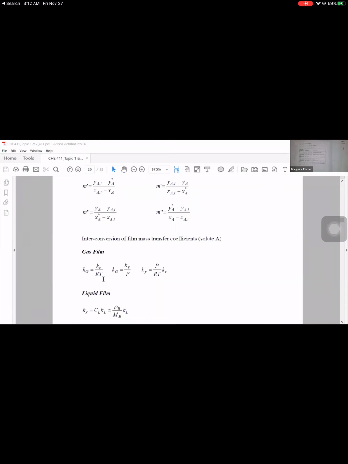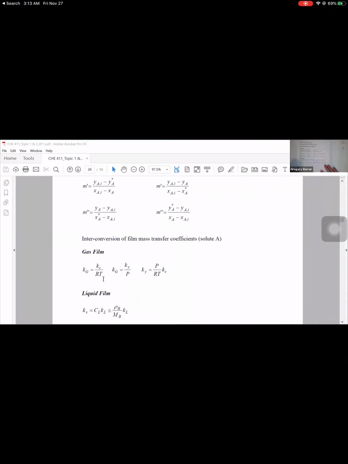If we look at, for example, N sub A defined as partial pressure versus N sub A defined as mole fraction, and look at these two right here, since we know that PA is equal to YA multiplied by P, when you interconvert those, you get little kg is equal to little ky divided by P.